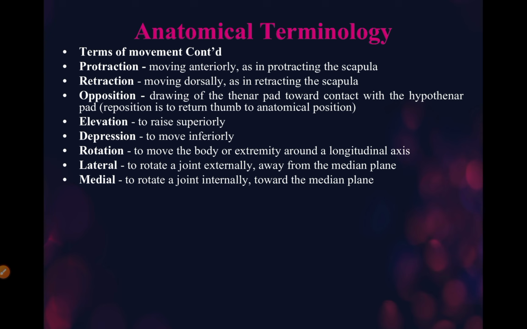How? Medial means anything closer to the midline or median plane, while lateral is anything away from it. The eye is closer to the midline, so you say it is more medial, and the ear is farther away from the midline, so you say it is lateral.